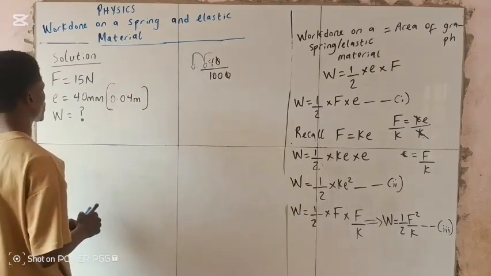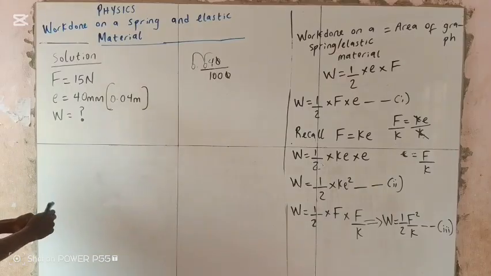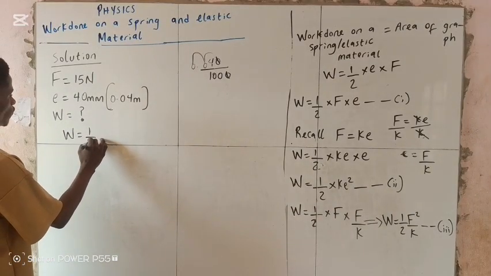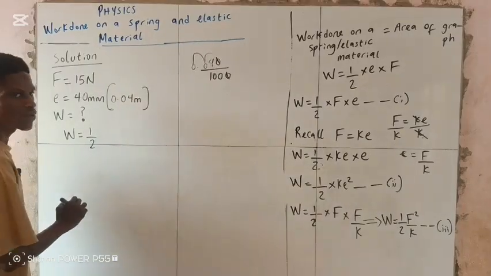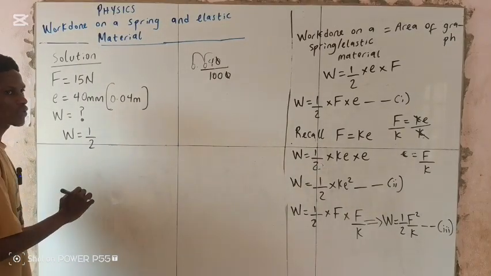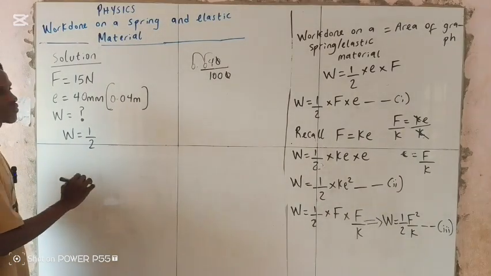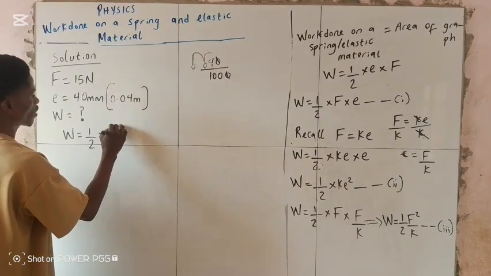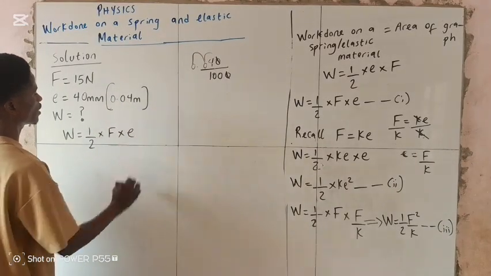So now let's recall, work done equals half force times extension.